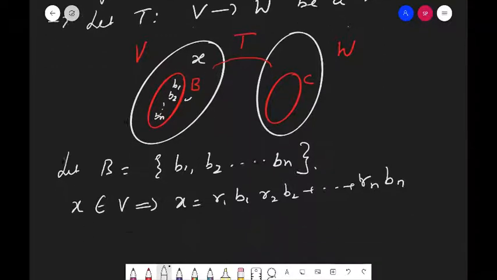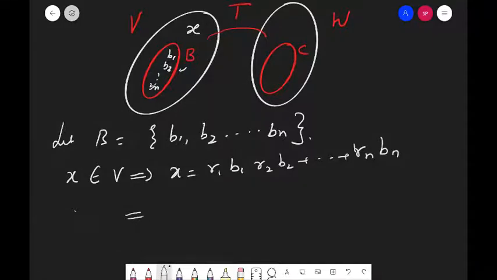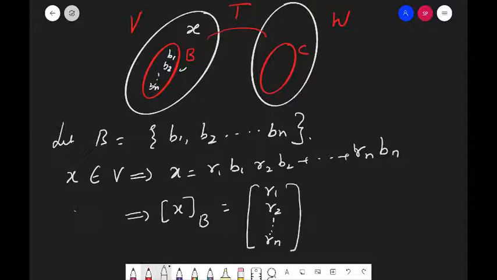Then I can say the coordinate vector of x corresponding to the basis B is obtained by taking the coordinates R1, R2 and so on Rn, which are scalars.